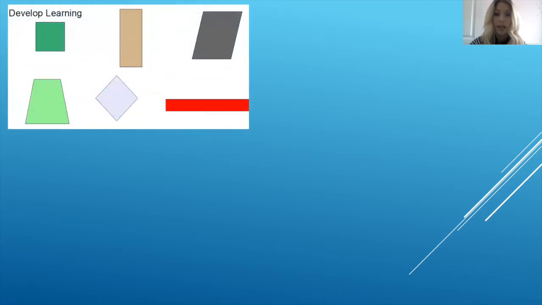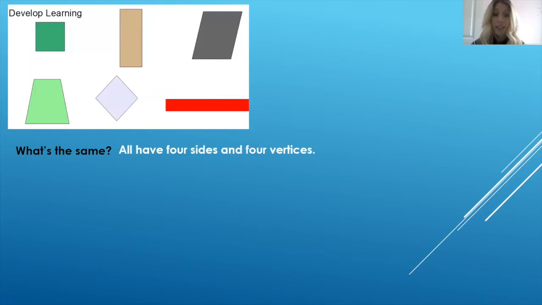So have a look at these shapes. Have a think. What's the same about them? Can you try to tell me? Did you say that all have 4 sides and 4 vertices?